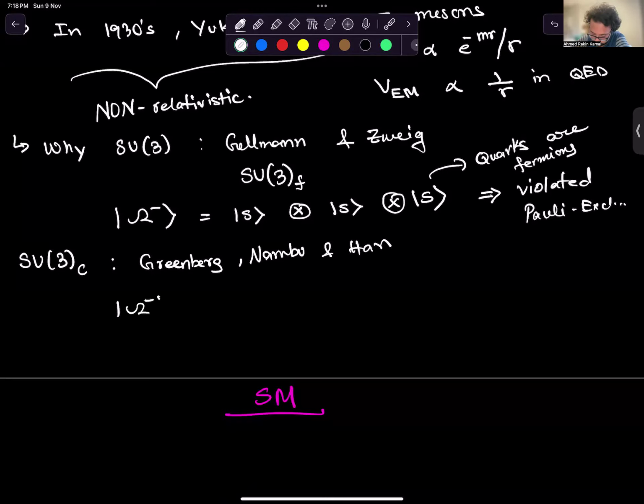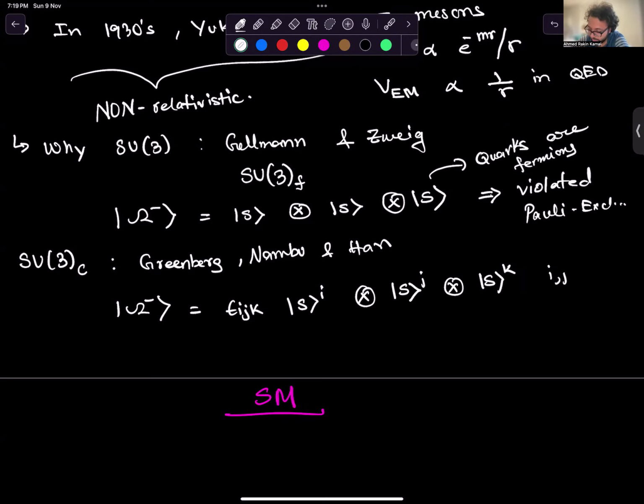What they proposed is that, sure, but we now have another quantum number, the color quantum number, where I, J, K correspond to red, green, and blue. This has nothing to do with actual colors. I think they just ran out of names. So it's just a number, and each of these indices can take 3 values.